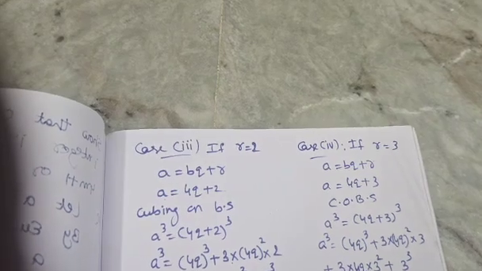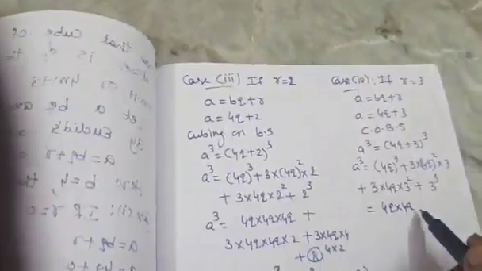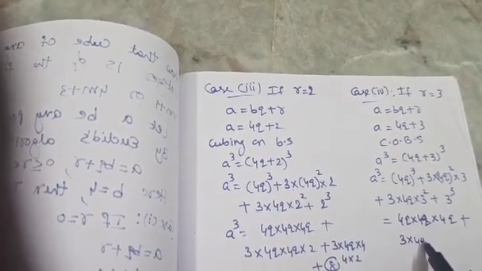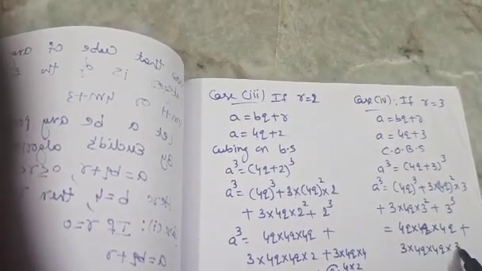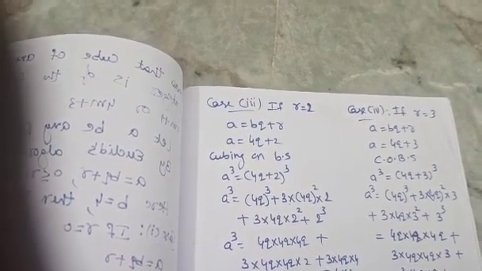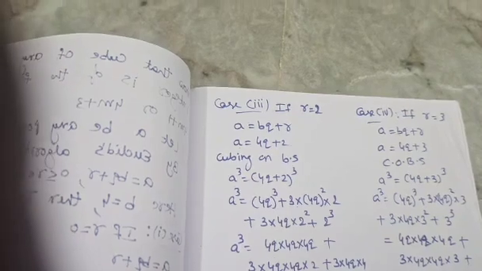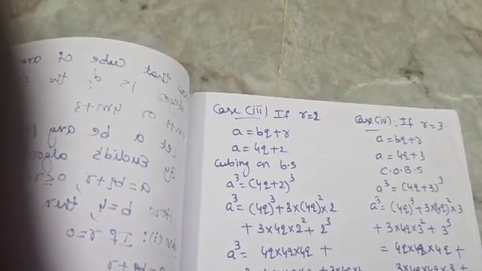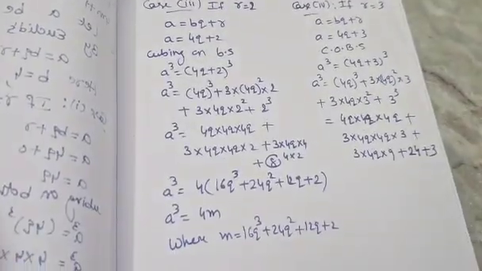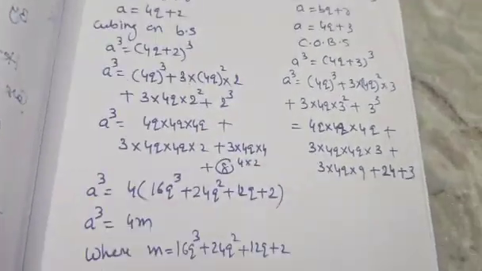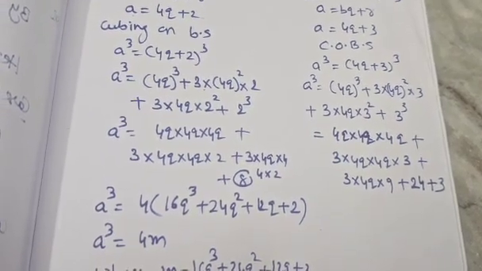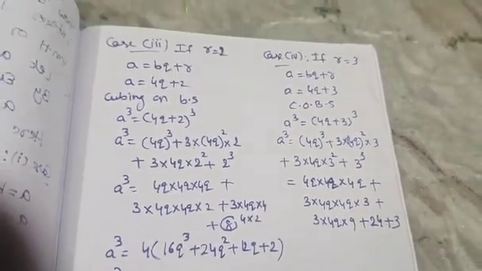We can write this one as 4q into 4q into 4q plus 3 into 4q into 4q into 3 plus 3 into 4q into 9 plus 3 cube, means what? 27. Actually 27 we have to write as a multiple of 4. We can't write it as a multiple of 4. What is the nearest multiple of 4 for 27? 24. So we can write 24 plus 3.